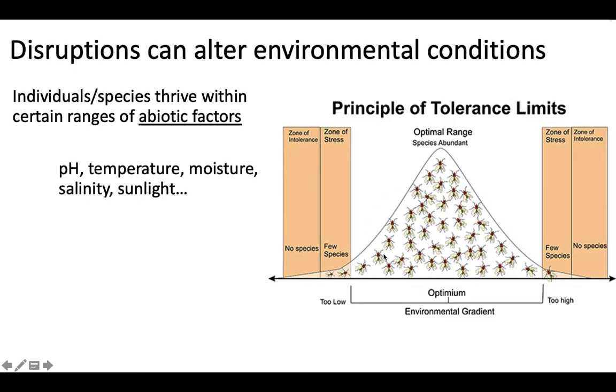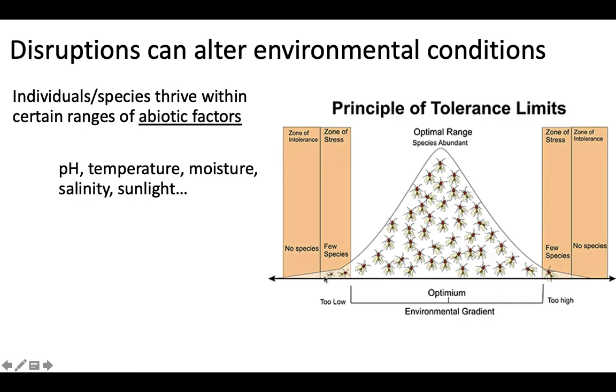And there's also a range where as the temperature, for example, gets a little too high or gets a little too low, it's not ideal, it's stressful, but they can survive. And then if you go even hotter than that or even colder than that, they won't survive. That's the zone of intolerance.